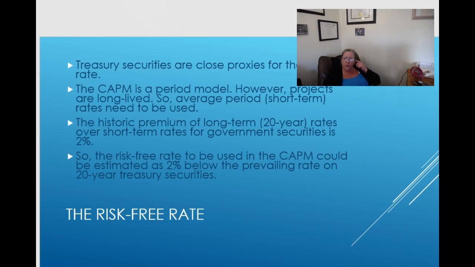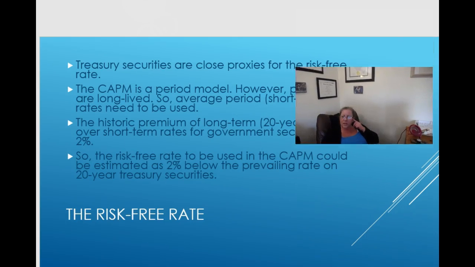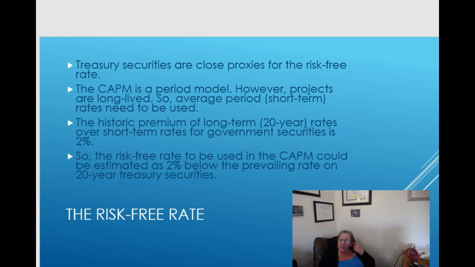Treasury securities are close proxies for the risk-free rate, so that's typically pretty low. In this example, it was 3%, but you would be able to look it up by looking at the Treasury securities rate. The CAPM model is a one-period model. However, projects are long-lived, so the average of short-term rates would need to be used.